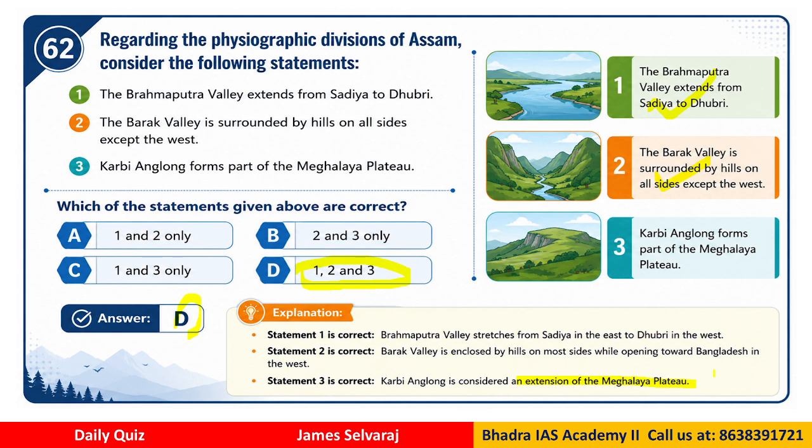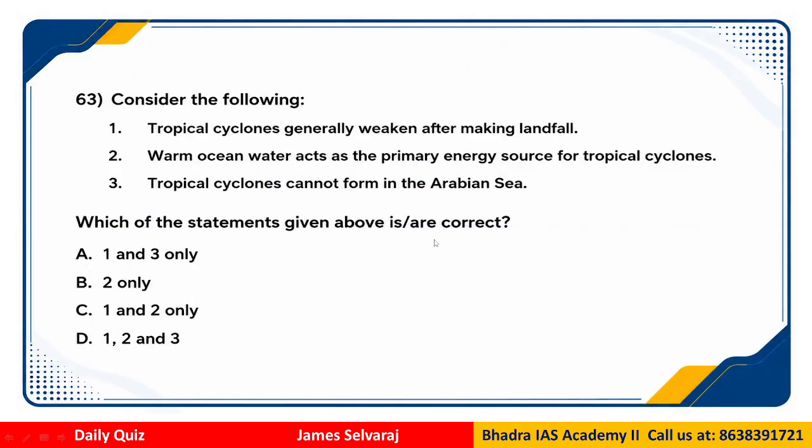Okay, so it is not really the very part of it, but it is an extension of the Meghalaya plateau. So we can say option 3 is also correct. Okay, so this kind of question can also be very common, related to Assam and the Northeast. So you can go through this.